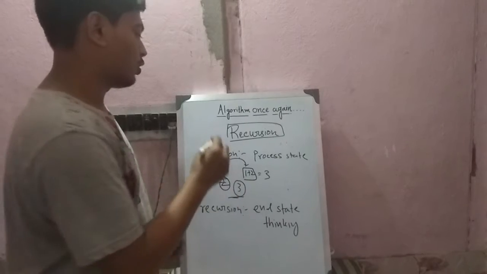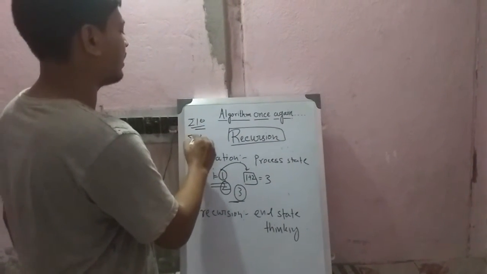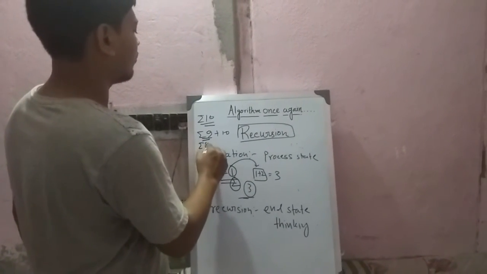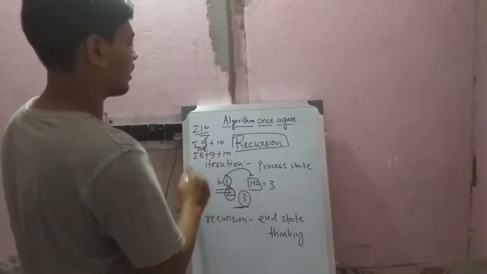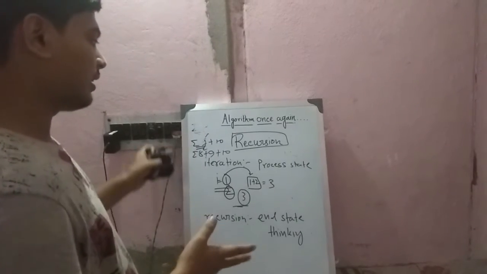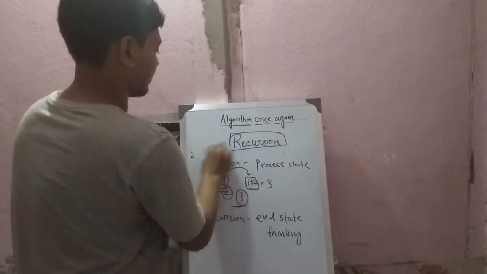So I have to think for 10 natural numbers, then for 9 natural numbers, then for 8 natural numbers. So it is end state thinking. So you see there is a minor difference between recursion and iteration.